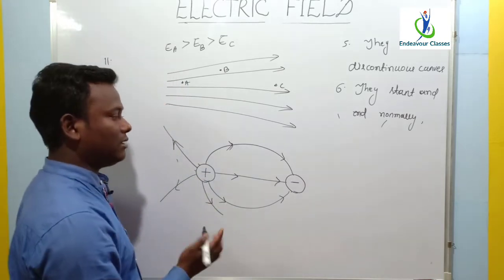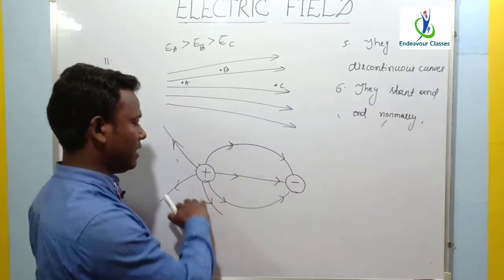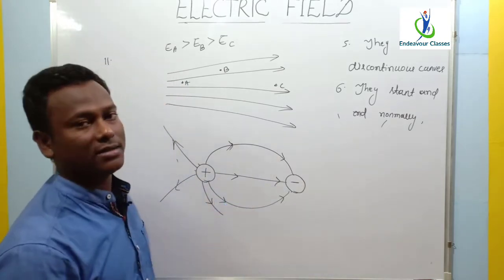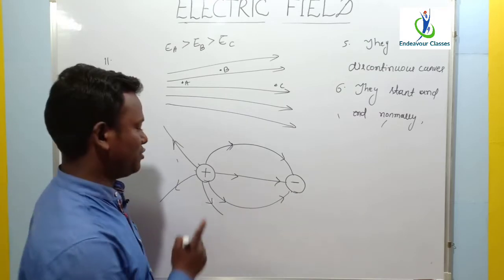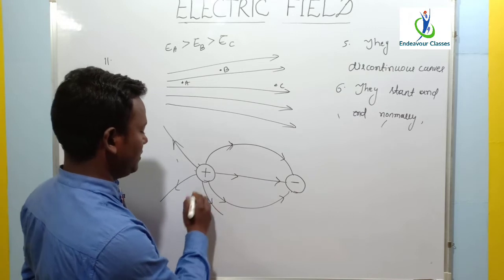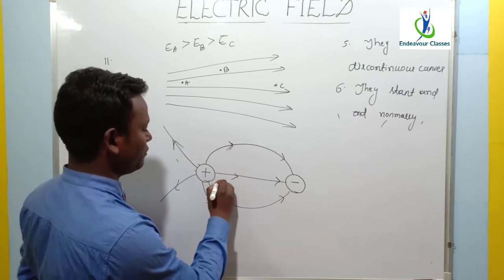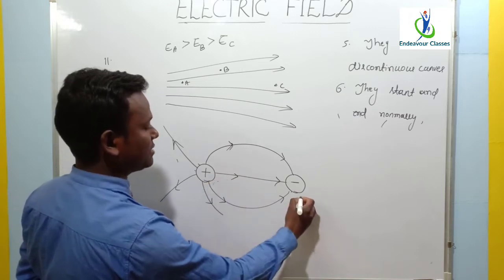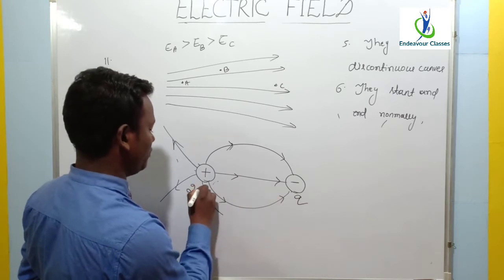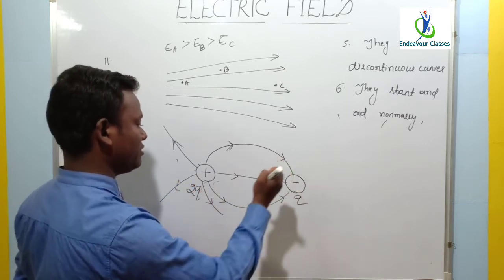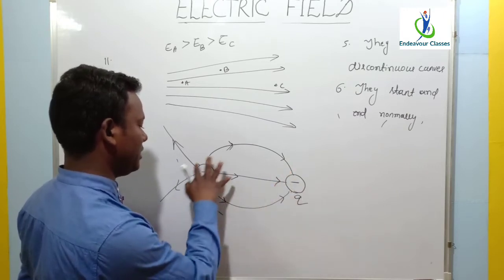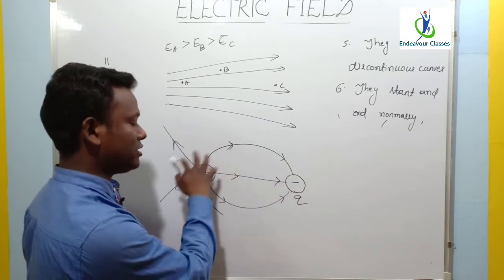So as I told you, the number of lines of force either emerging or terminating on a charge is proportional to the magnitude of the charge. So if this is Q, this must be 2Q, because here it has 3 lines of force terminating on it, but here it has 6 lines of force emerging from it.